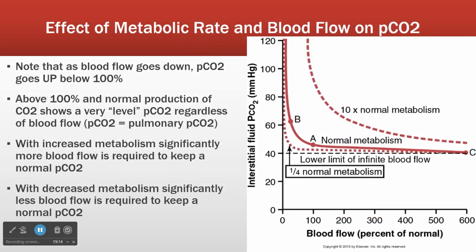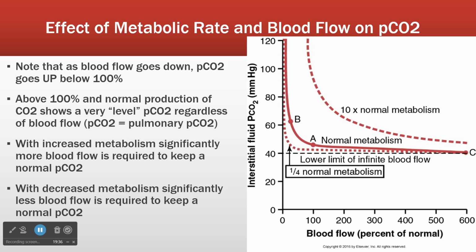So just like oxygen consumption has to affect blood flow in order to keep partial pressures of oxygen where they need to be in the tissues, the same thing is true for CO2, right? When our tissues are busy, our CO2 production is higher. When our tissues are not busy, it's lower.